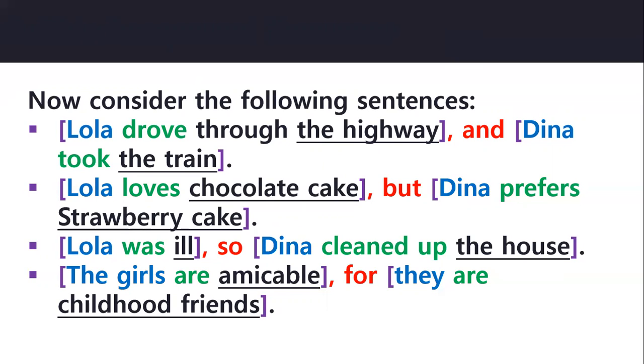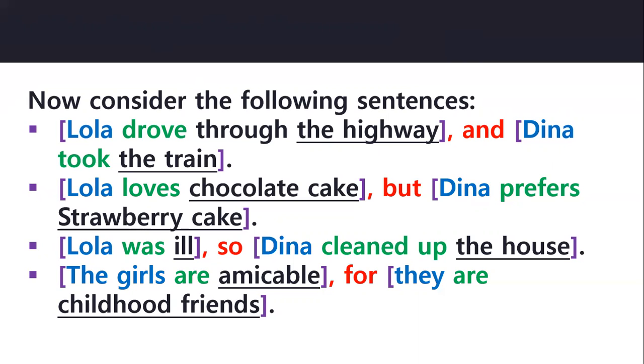And the last, the girls are amicable, for they are childhood friends. In each case, we have two independent clauses separated by brackets, and since they are all compound sentences, we have a coordinator. As you can notice, we have four coordinators: and, but, so, for.